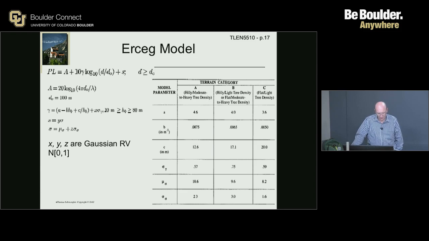The other interesting thing is gamma, the path loss exponent, has two things. It varies with the height of the base station, just like in the Hata model, right? Gamma decreases when the height of the base station is higher. But they also added a quadratic aspect to it. They thought it was not enough to define it as a linear variation, but that the path loss exponent is not quite linear.